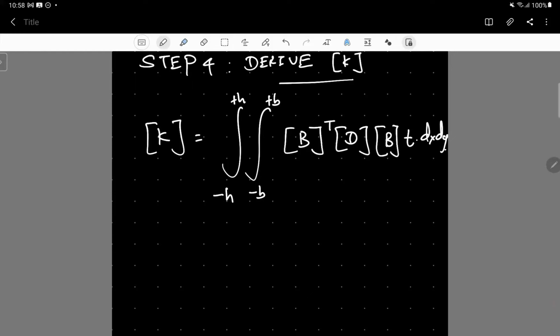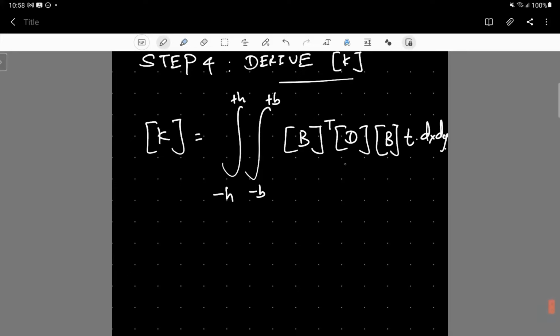By evaluating this integral, and using the correct constitutive matrix depending on the plane stress and plane strain conditions, you can obtain the result. If you remember, there are slightly different versions for plane stress and plane strain conditions.